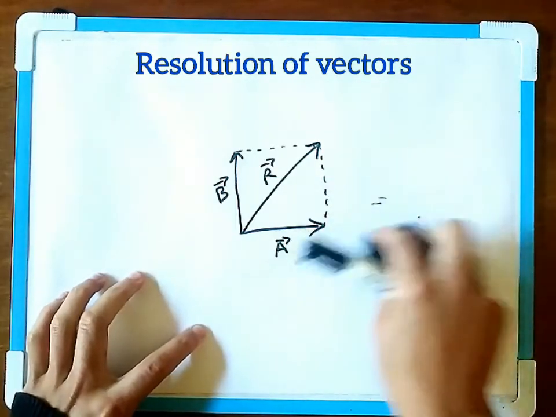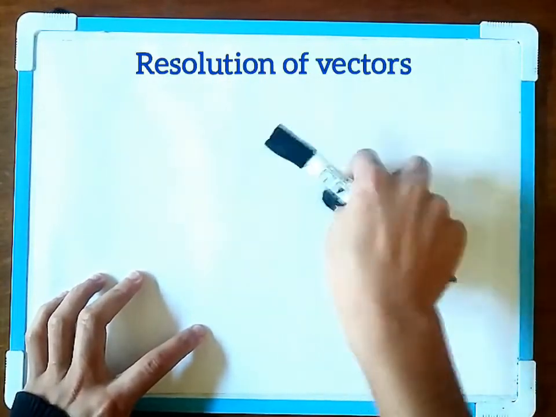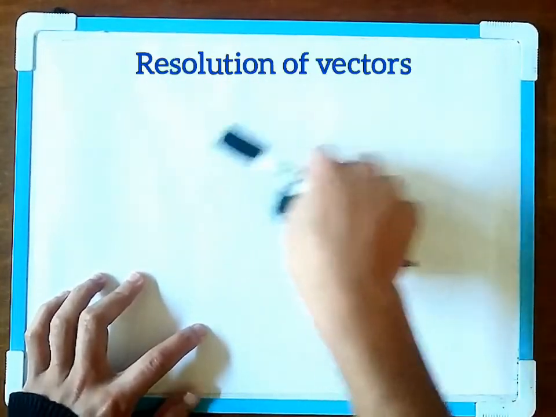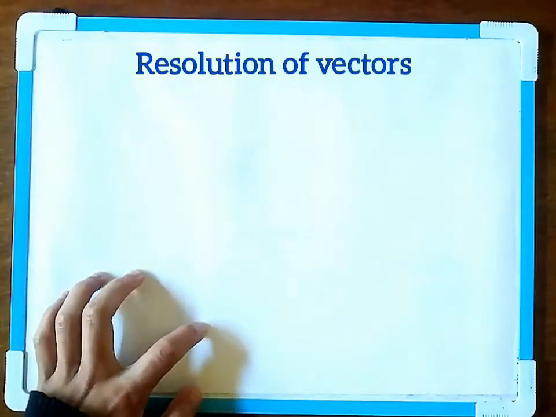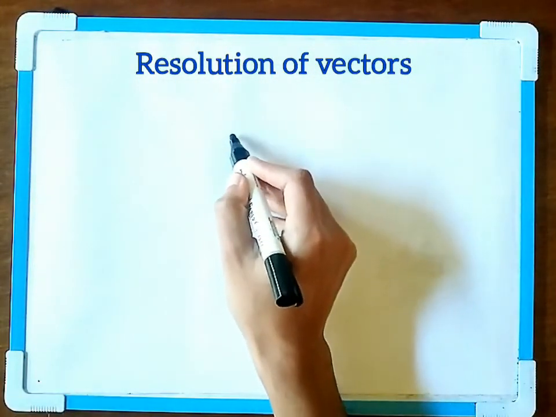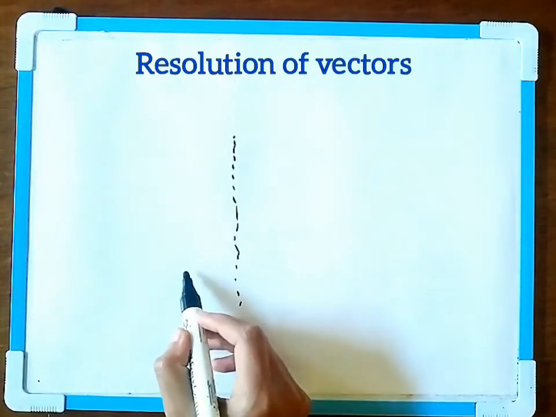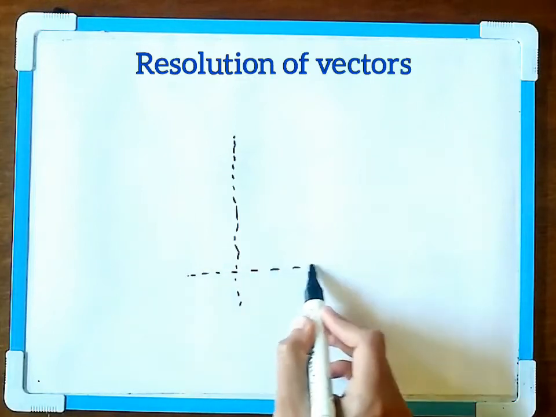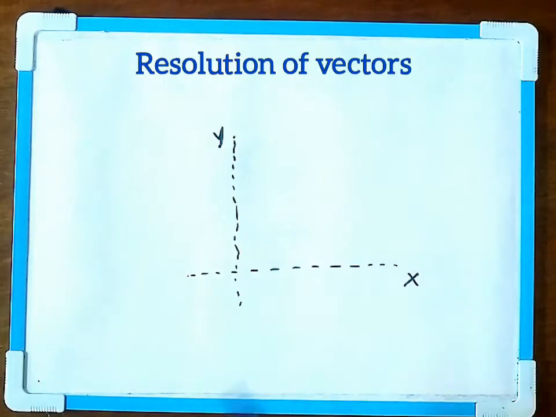So here, instead of adding two vectors, we are going to split or break or divide one vector into two vectors. So let us draw first the y-axis and the x-axis.